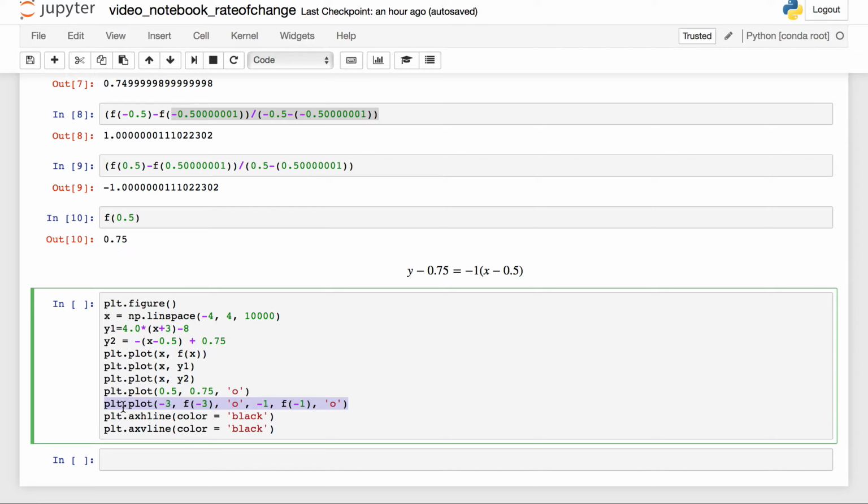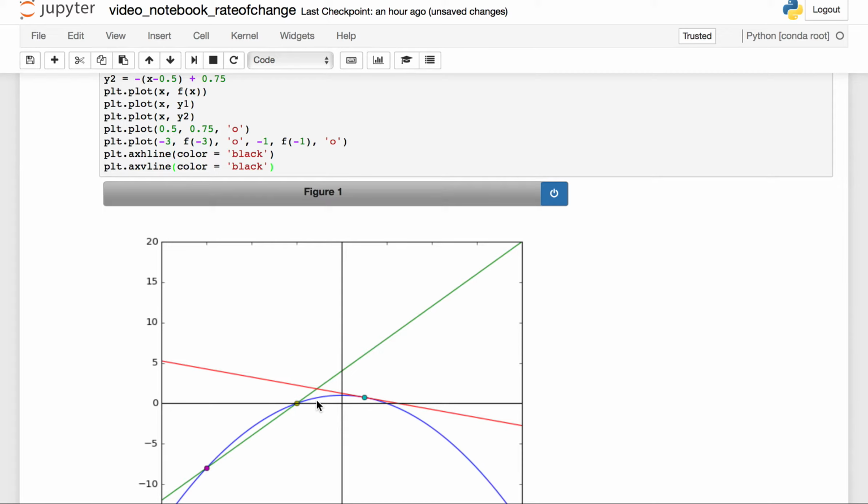This is maybe the first time that we're seeing that I can put multiple arguments into the plot function here. And finally, I'll add x and y axes just to make it look right. And there we go. Here's my tangent, right? It just touches at this one point. And here's my secant line that goes through those 2 points.